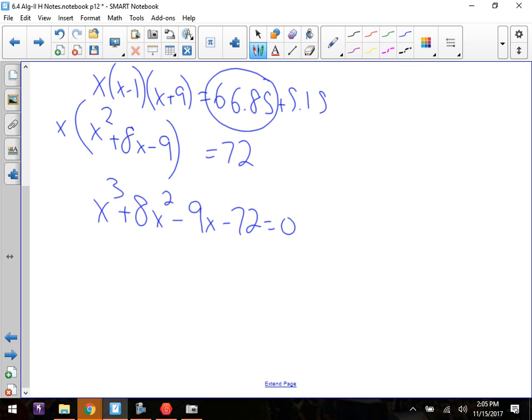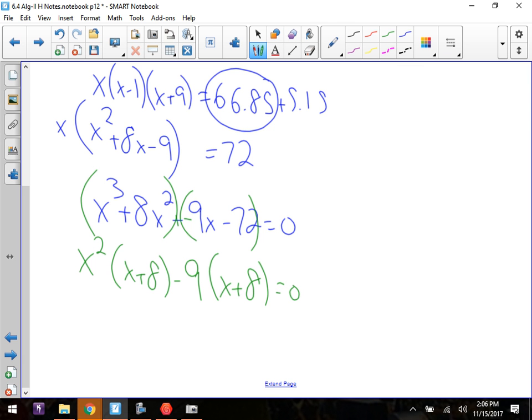Okay? So if you factor this by grouping, we're looking at our GCFs. GCF here gets me an x squared. Then I'm left with an x plus 8. On the next one, always remember my trick: make it negative 9, so that you remember that you have to take the negative 9 out. And then we get an x plus 8.